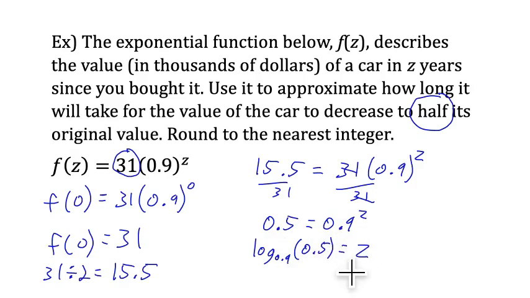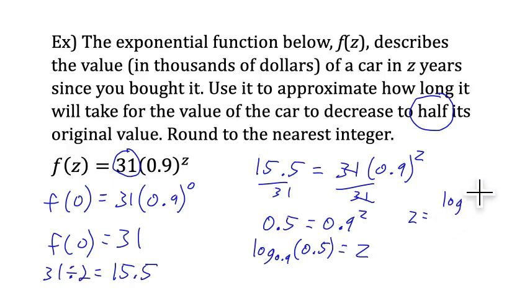All right, we're ready to solve for z. Most scientific calculators do not have a button that allows you to choose the base. So we will real quickly use the change of base formula to evaluate this logarithm. So z will equal, let's see, we'll use base 10, because when we use the change of base formula, we get to use whatever base we want.